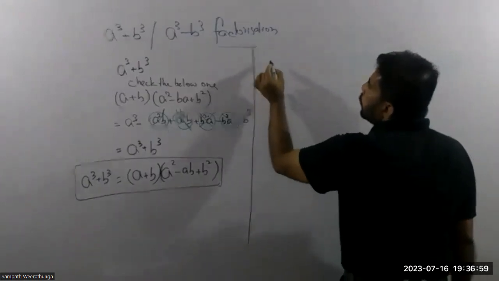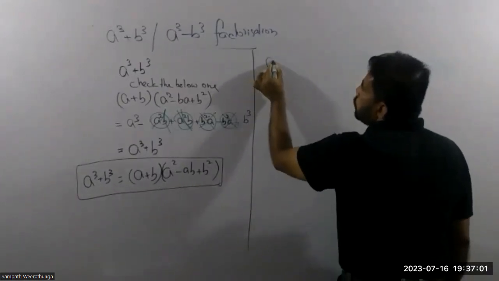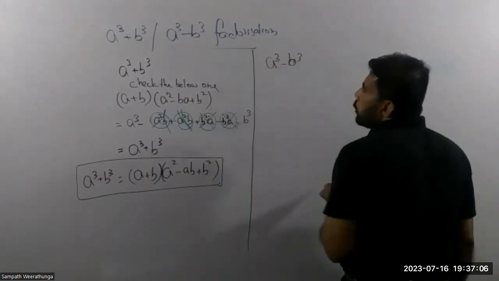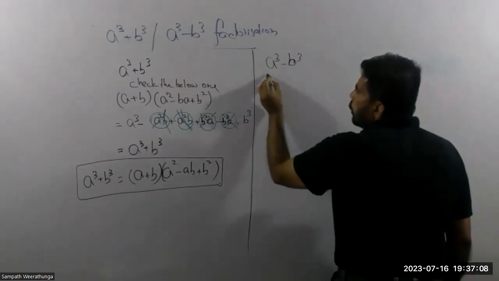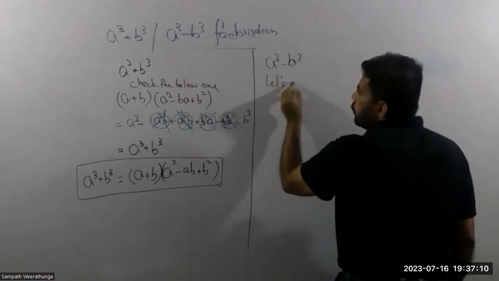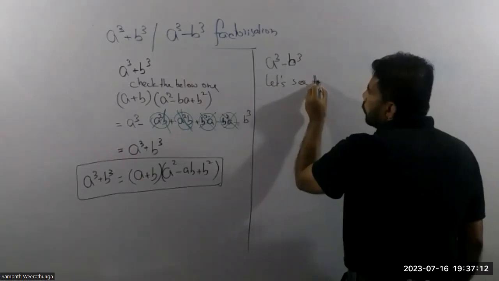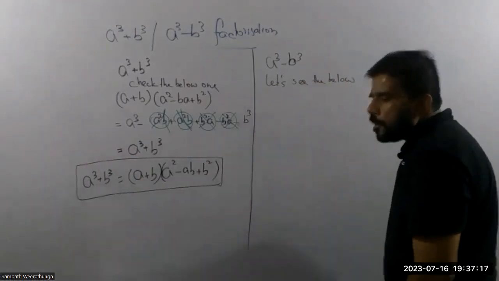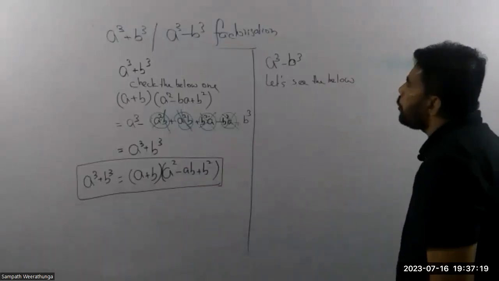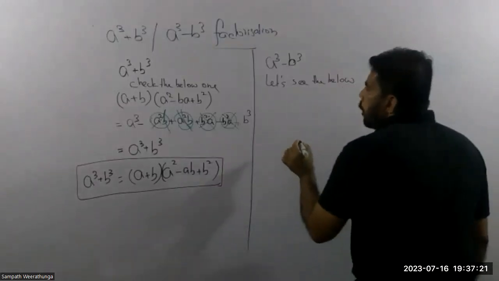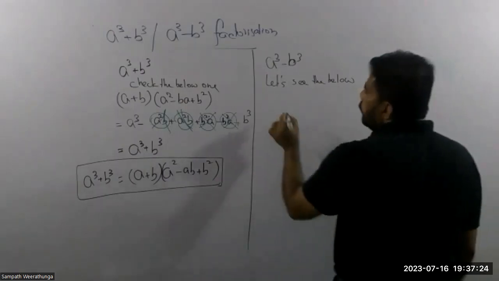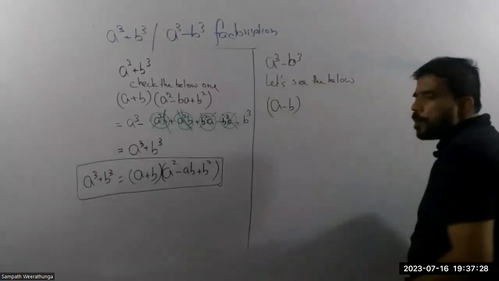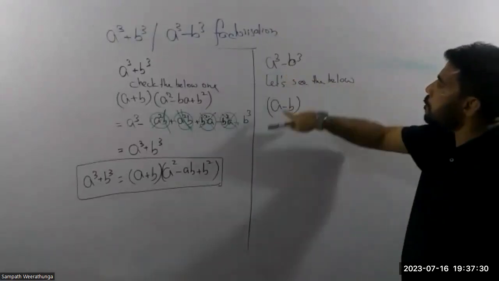Again, now my requirement is to find a relationship for this. So let's see the below. I'm just going to check the below relationship. I'll write A minus B, because my given problem is in this nature.